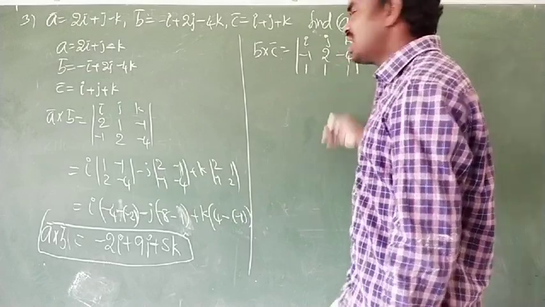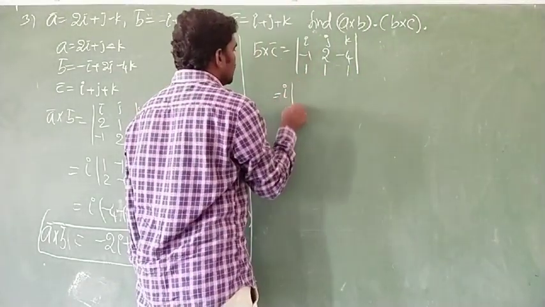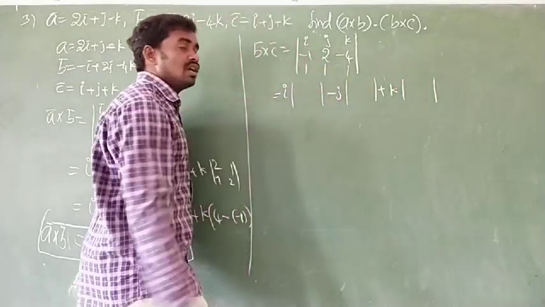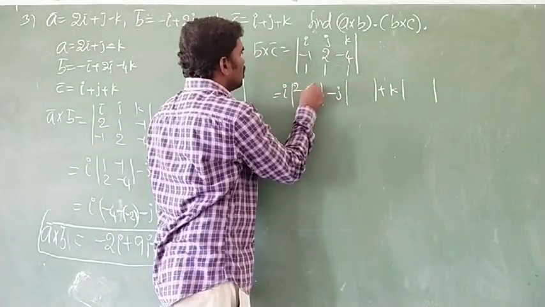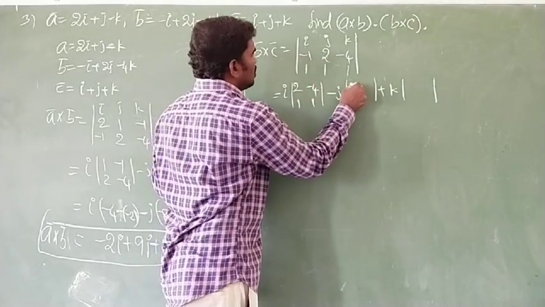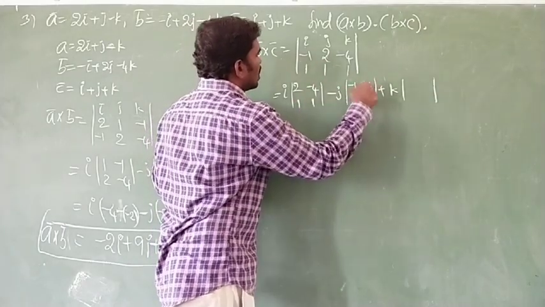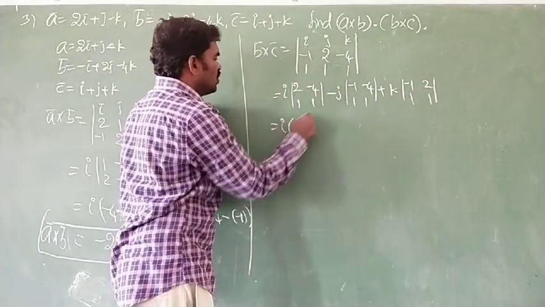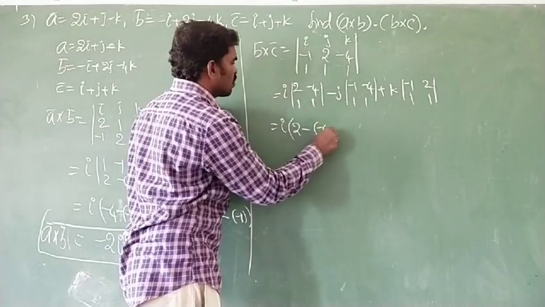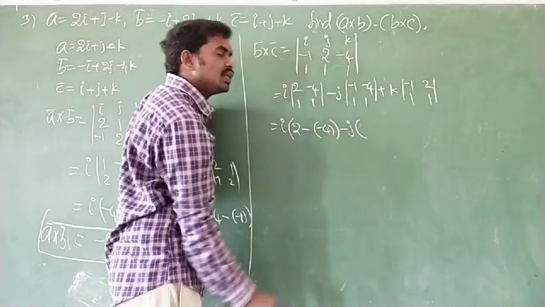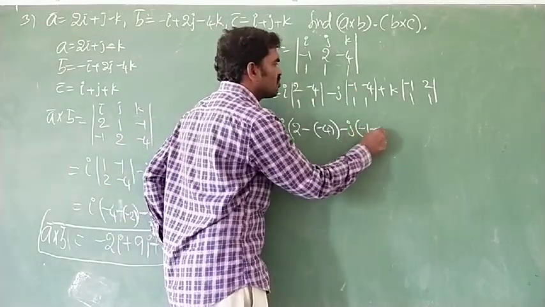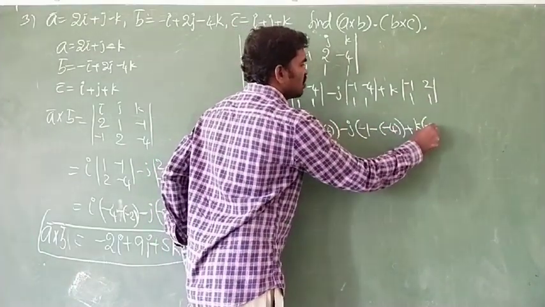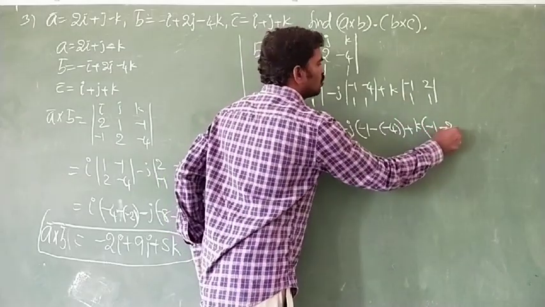So i into (2 into 1 minus 1 into minus 4), minus j into (minus 1 into 1 minus 1 into minus 4), plus k into (minus 1 into 1 minus 1 into 2).